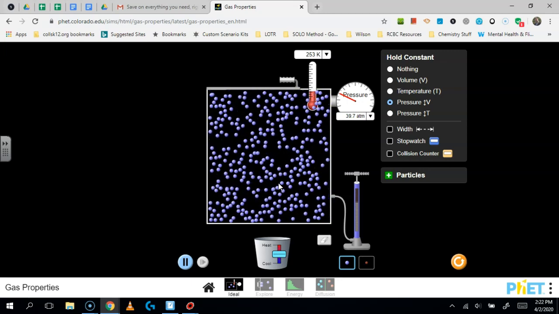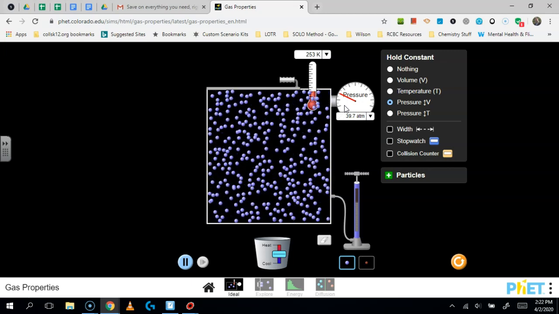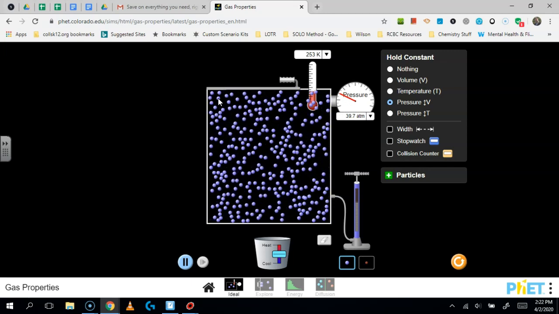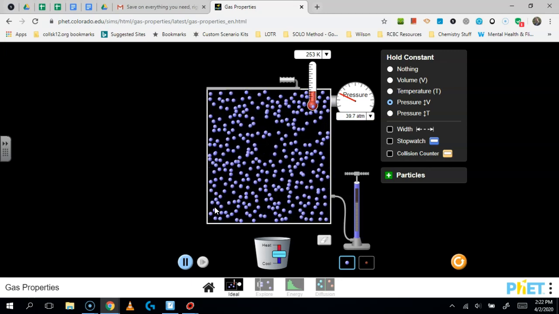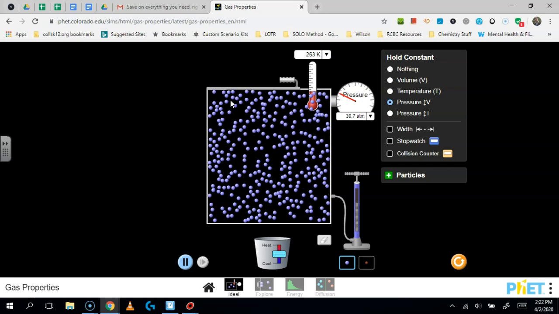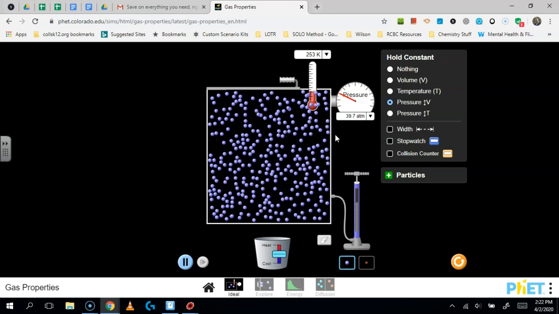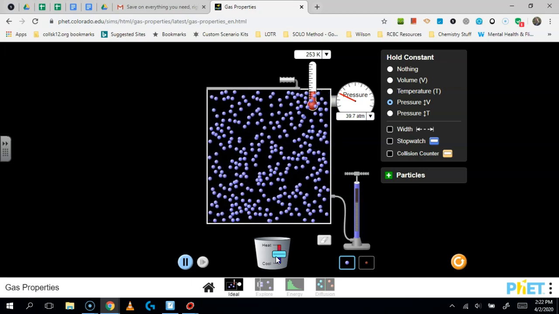Let me just spend a second talking about the chemistry a little bit. If we're holding pressure constant, pressure is the number of impacts that the molecules have on the side of the container. So as we look around, the molecules are impacting the side of the container, and that's creating a pressure.